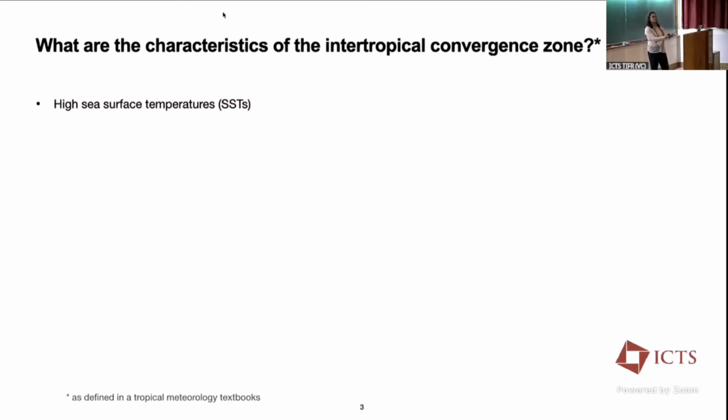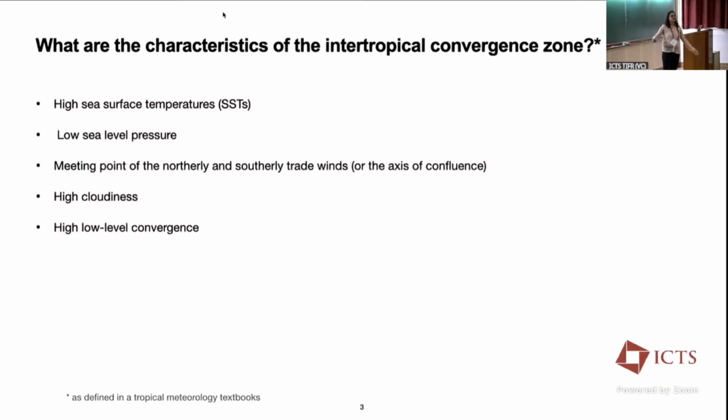So the meeting point of the trades, the term for it is the confluence, axis of confluence. An old term for it is probably the equatorial trough. So these are the different things that would come up if you look in a textbook on tropical meteorology.